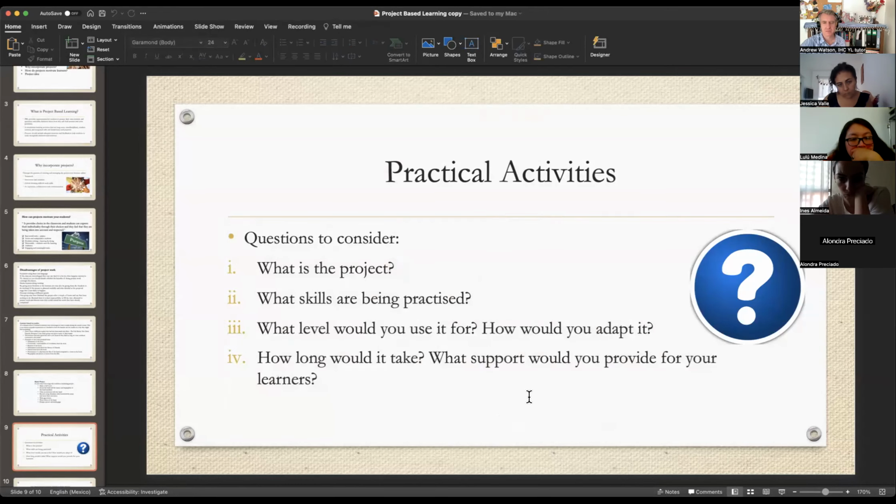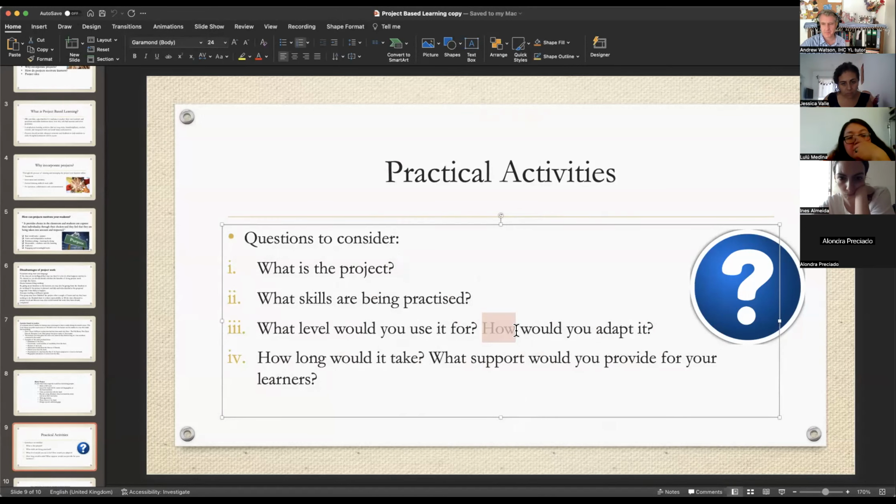So I'd like you to please work together in pairs. Consider the questions. What's the project? What skills are being practiced? What level would you use it for? Is it adaptable? Could you use it with different levels or age groups of young learners? If so, how would you adapt it? How long would it take in terms of how many lessons?